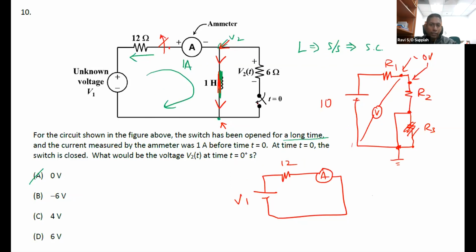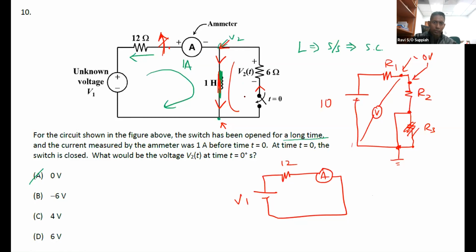And if I suddenly flip the switch here, the follow-up question was I open this, that means this one becomes open circuit, and I close this, correct? So this becomes the only pathway. In that case, the current that is flowing in this direction will carry on in this direction. So as far as this resistor is concerned, current will now be flowing in this direction.